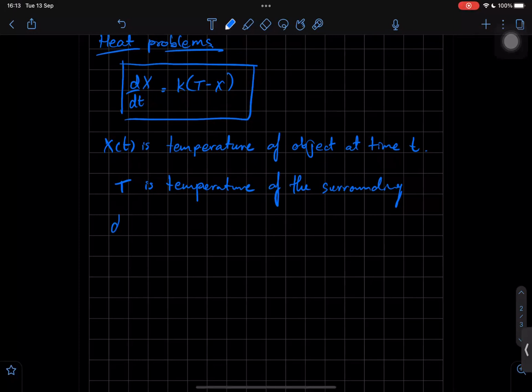Okay, so dx by dt is the rate of change, right?